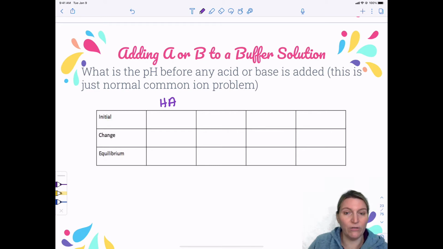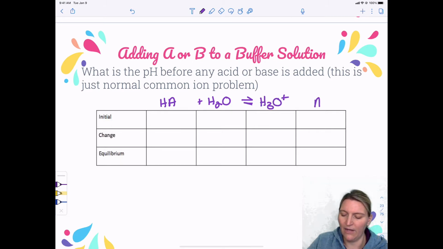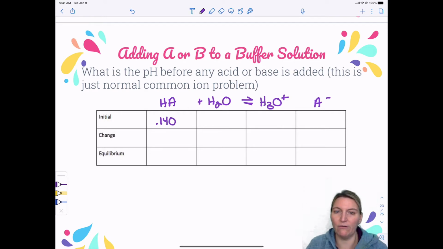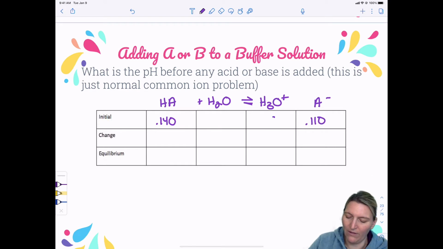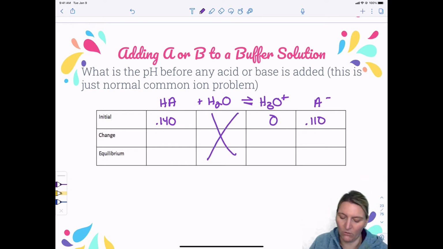So I'm just going to start out with a general weak acid that reacts with water to make H3O plus and the conjugate base. I know I start with 0.140. It says that many moles in 1 liter of solution, so I can do this in molarity. This is 0.110. There's 0, and we don't ever worry about the water.